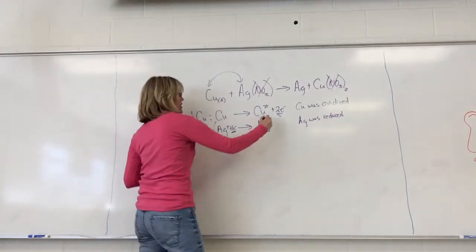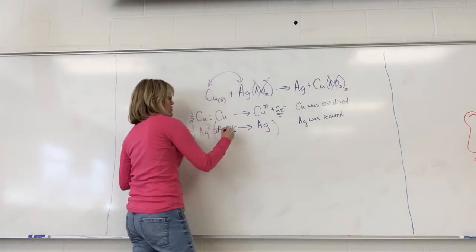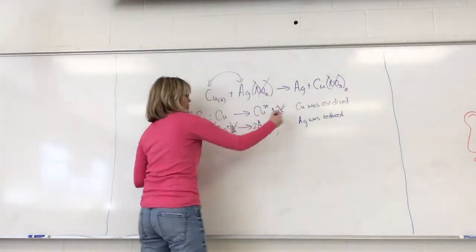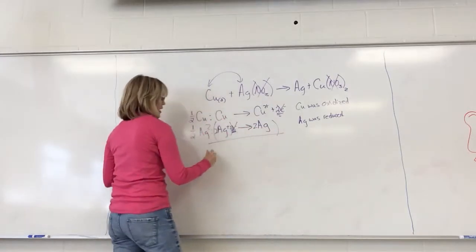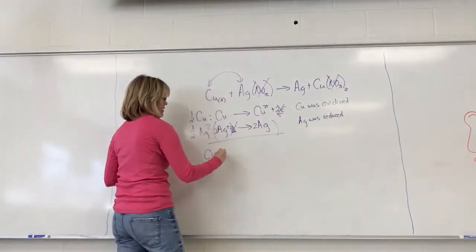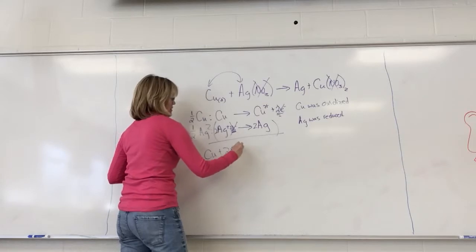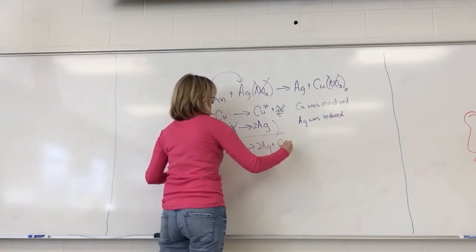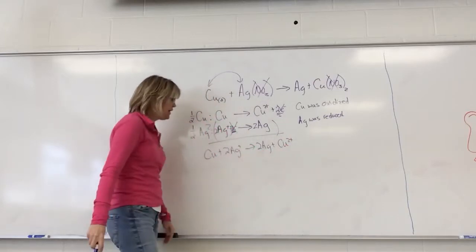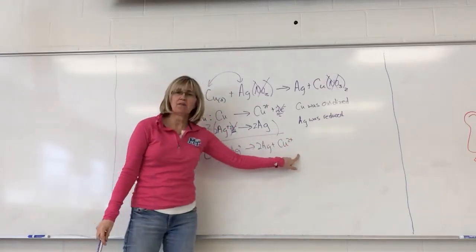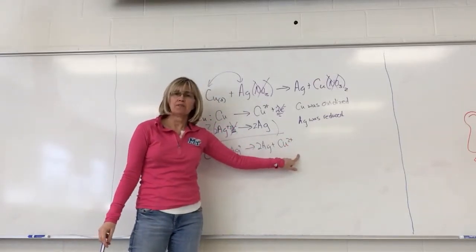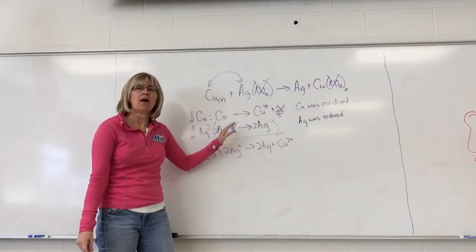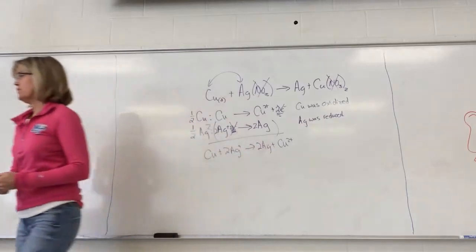Well, I multiply everything times 2. So 2, 2, and 2. Now my electrons cancel, and if I write the balanced net ionic equation, all right, that is the balanced net ionic equation. And this is showing it from how the electrons were transferred.